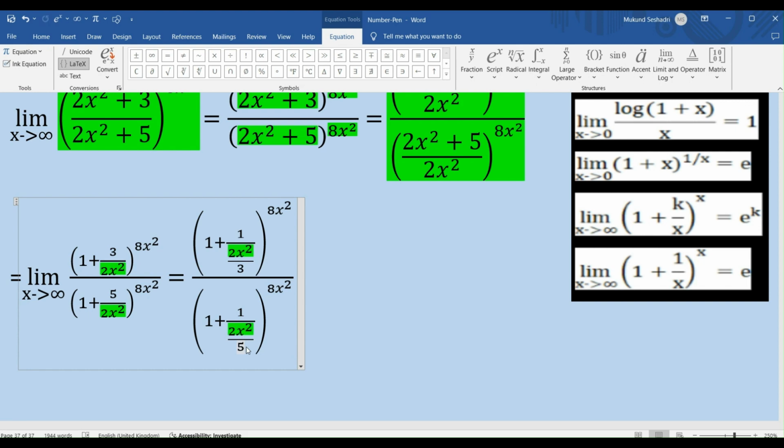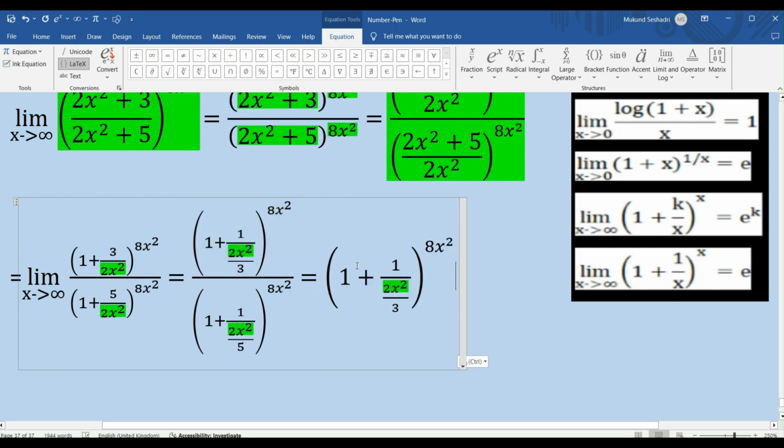So watch this closely, folks. I haven't changed the expression. All that I've done is bring the 3 to the denominator, and bring the 5 to the denominator in the denominator expression. So now we know how to go about this. Let me rewrite this, and I will have to play around with my 8x², which is the exponential component now.